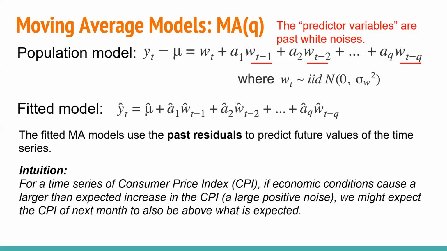What is the difference between this model and a white noise model? In a white noise model, there is no predictor. If you remember what I told you, in a white noise model you have Y t equal to W t, where W t is a white noise. And we apply that model in a situation that is stochastic in nature.